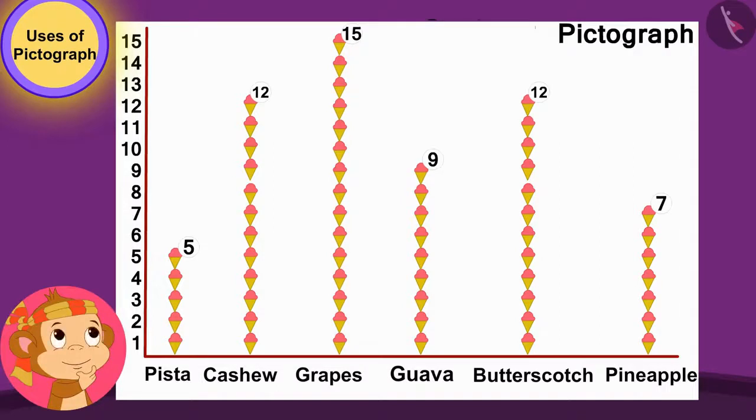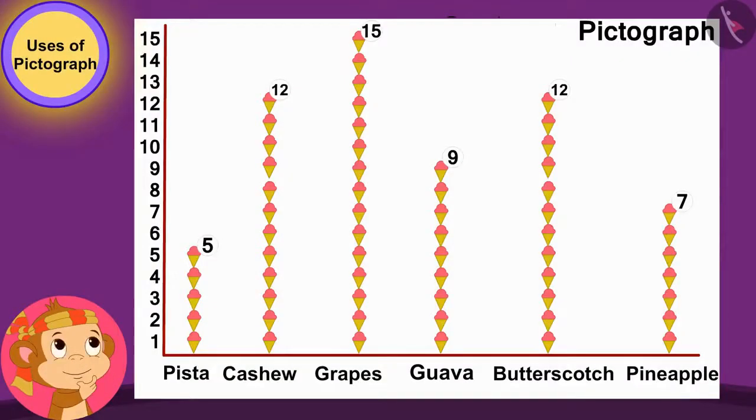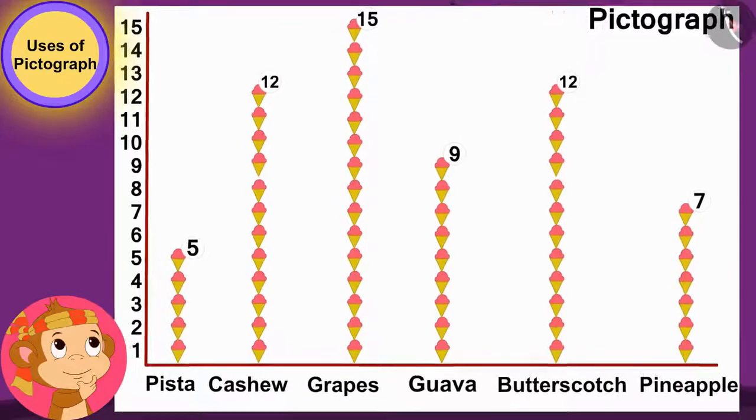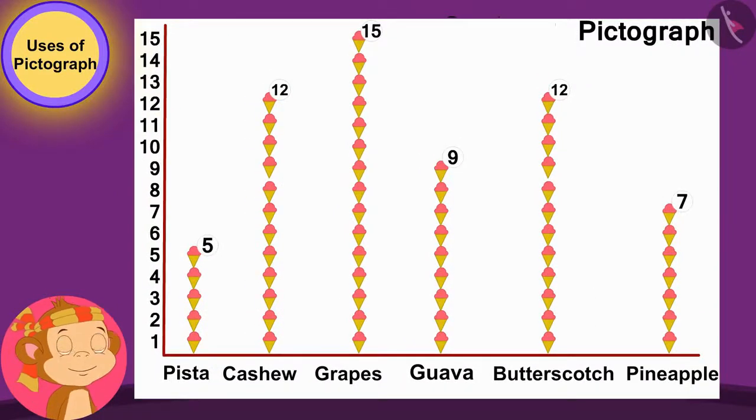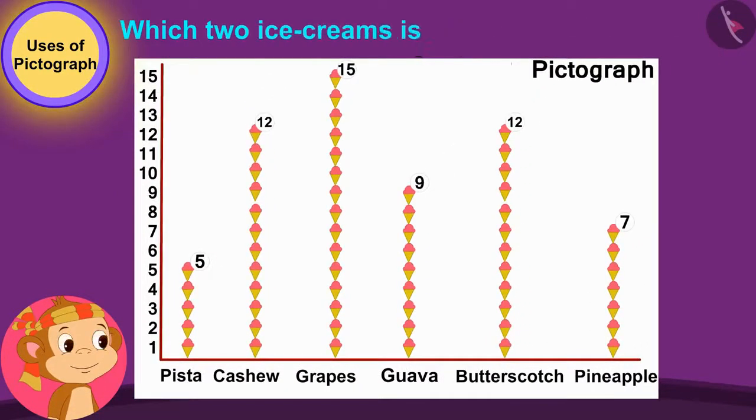Now, Babban looked at the pictograph once again and thought, these two ice creams have been liked by exactly the same number of people. Children, can you see the pictograph and find out which two ice creams Babban is thinking about?